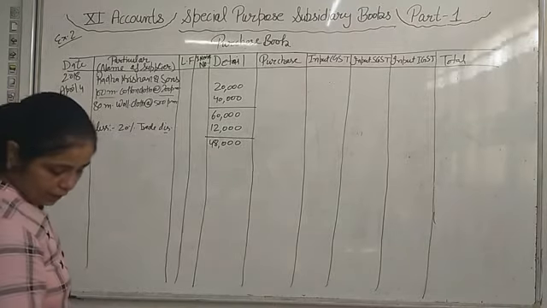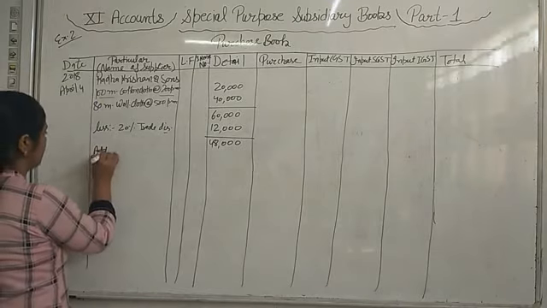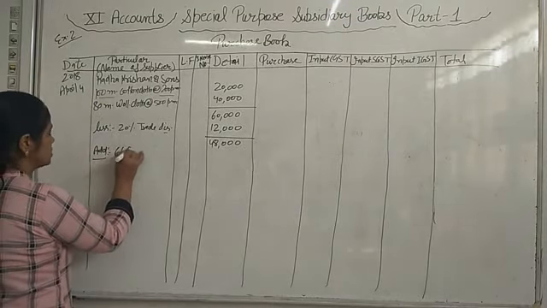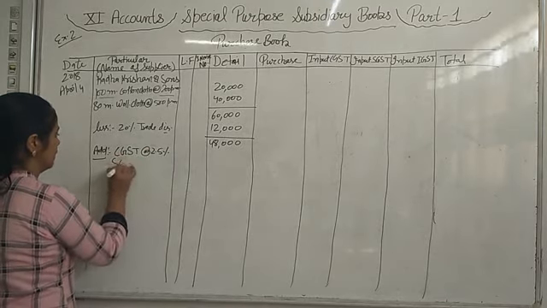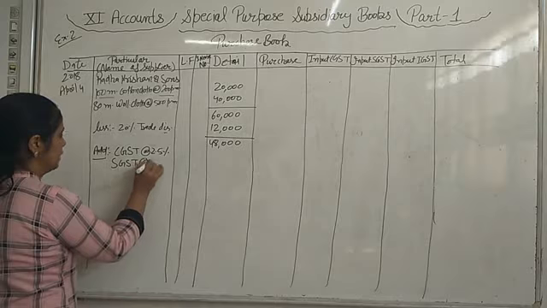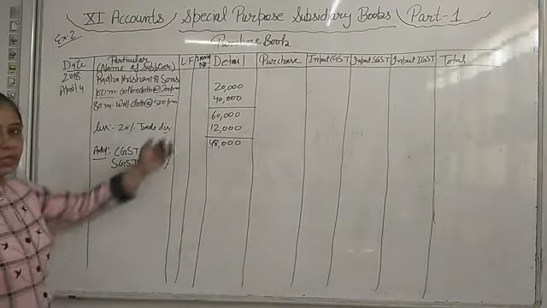CGST rate is 2.5%. CGST at the rate of 2.5% and SGST at the rate of 2.5%. Delhi is a union territory.